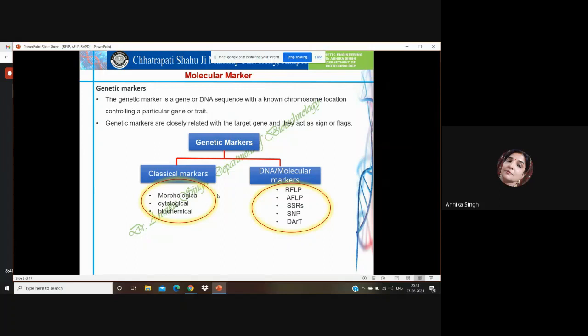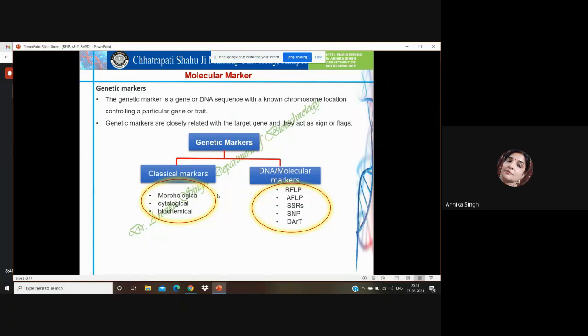And of course, about the changes or the property or characteristic of an individual. So genetic markers can be classified into two types: one which includes the classical genetic markers and the other which includes the DNA or molecular markers.